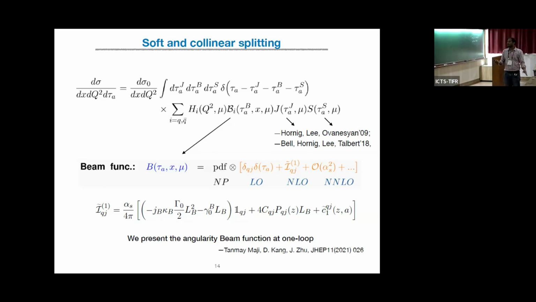Particularly in this work, we focused on the NLO. NLO has this kind of configuration: we have double logs, single logs, and one single log couples with the splitting function. And we have this term sitting here, the constant term. So we mainly focused on how to calculate this constant term in the one-loop beam function.